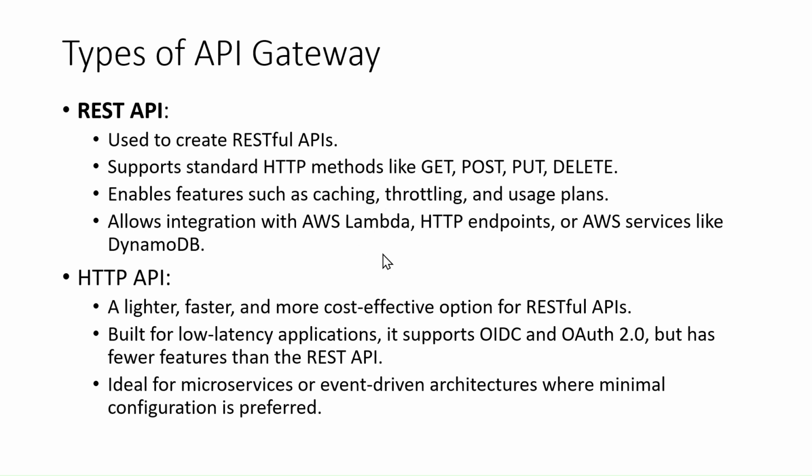And throttling, it will be faster when it has the cache stored on your local machine. And the usage plans allow integration, so these APIs should be integrated with any of the services to access things. Initially, as I just mentioned, we majorly use this API gateway to link your backend as well as frontend.